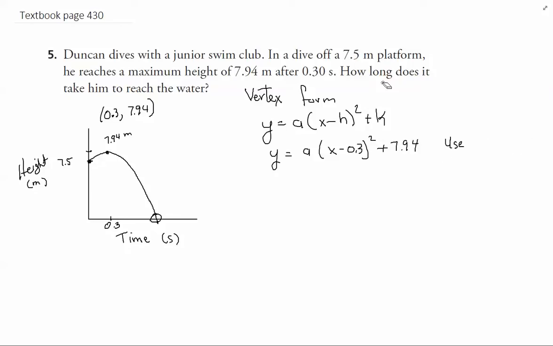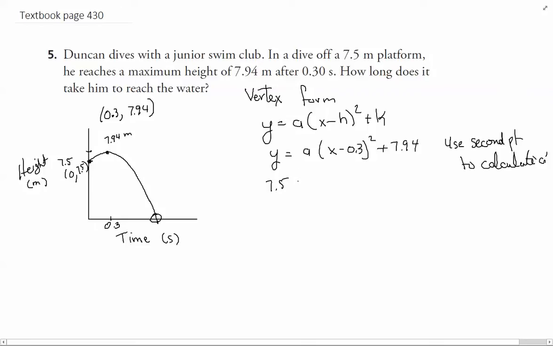Our second point is going to be our y-intercept, 0 and 7.5. So 7.5 is equal to a times (0 minus 0.3) squared plus 7.94.